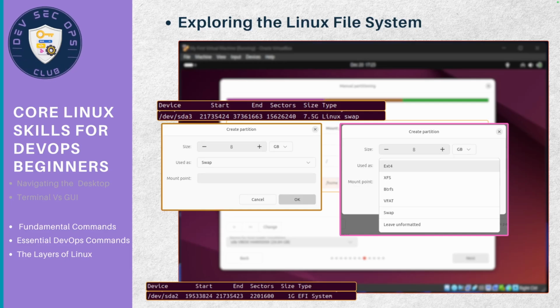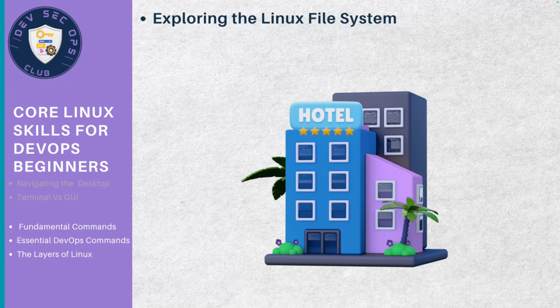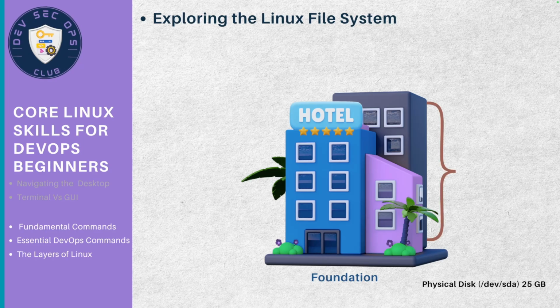So a little bit, let's understand what we actually have done. I'm giving you an analogy just to understand what we have done, right? In this example, consider this is the foundation where the entire building stands. So the foundation is our hard drive, right? Then after that we have the entire building.